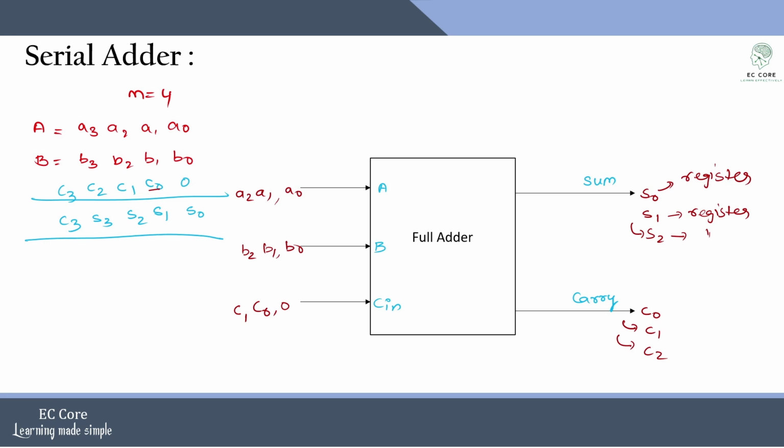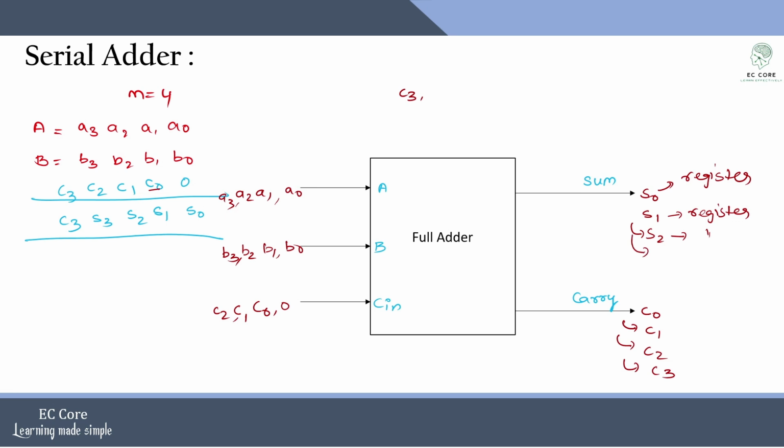Then the next one will be A3, B3, and I will do addition between A3 and B3, and here my previous carry, that is C2, sorry, I'm taking C2 here, and this will produce my output carry C3.